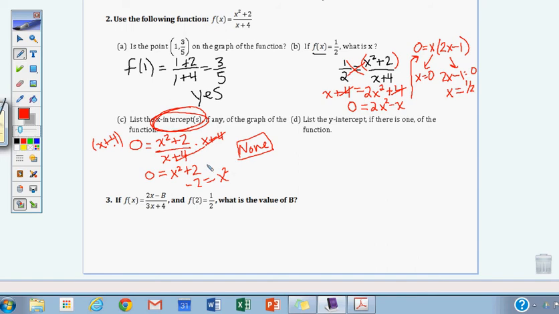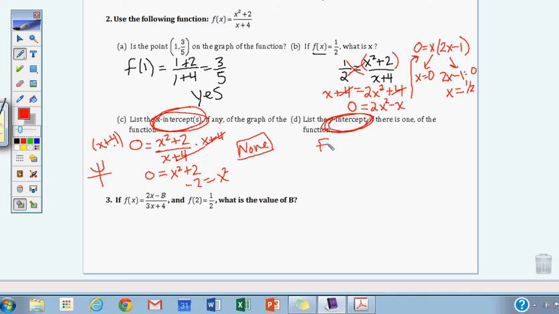And that is possible. I mean, this isn't a parabola, but just think of a parabola. Could a parabola go like that and not cross the x-axis? So in this case, there's no x-intercepts here. Okay, list the y-intercept if there is one of the function. All right, so the y-intercept is, you gotta know that, y value when x is 0.